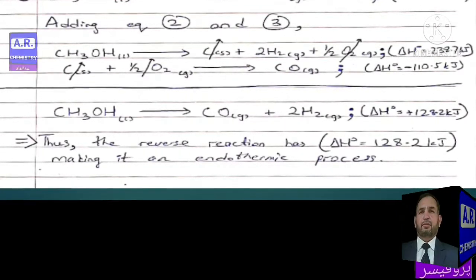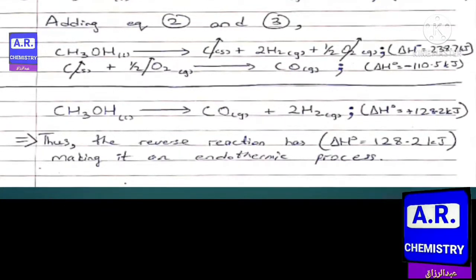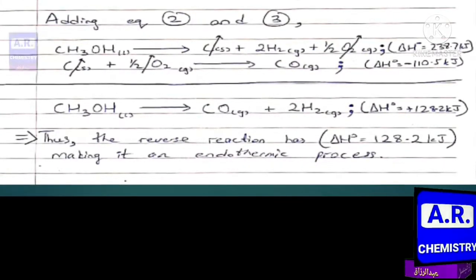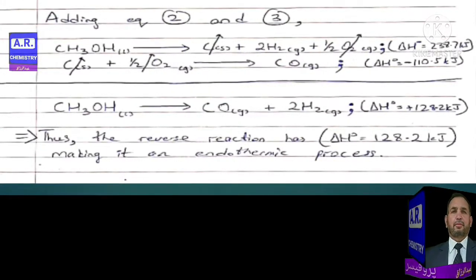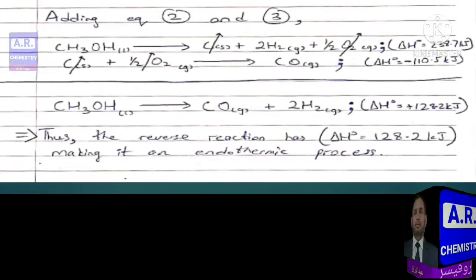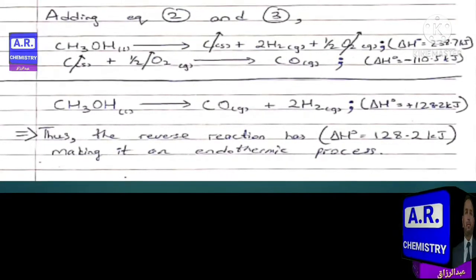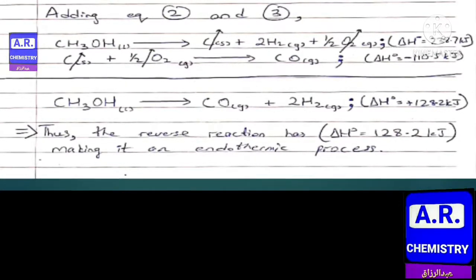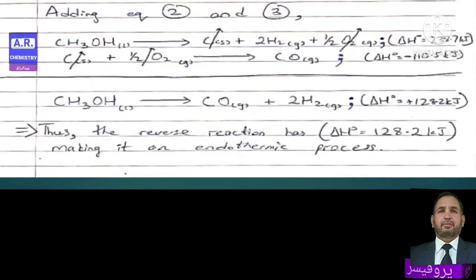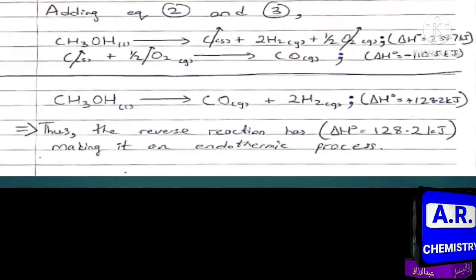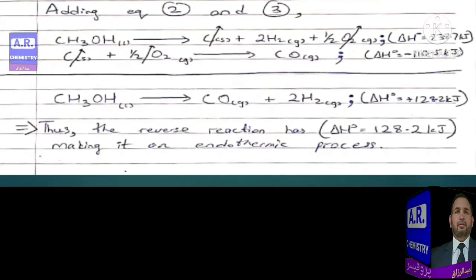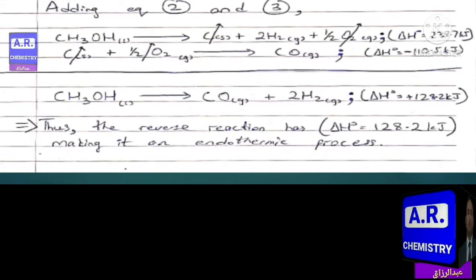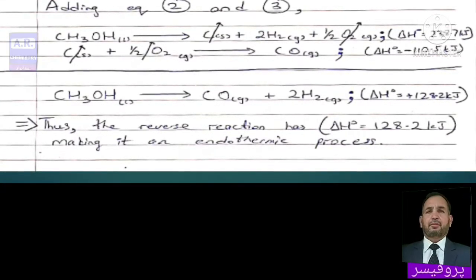So in this way, this question is short, but it is a bit complicated, and you are to understand at the very first step what type of data has been provided and what the required equation is. One equation is given, and the reverse of that reaction has been asked, whether it is exothermic or endothermic. It means your target equation is the reverse of the equation that is given in the data.